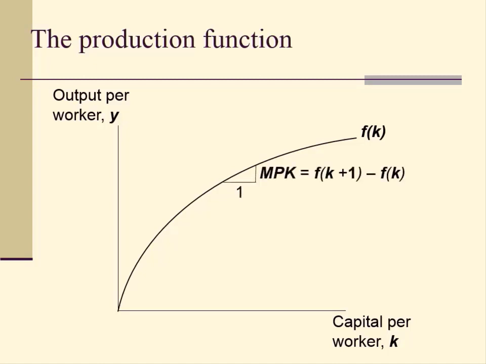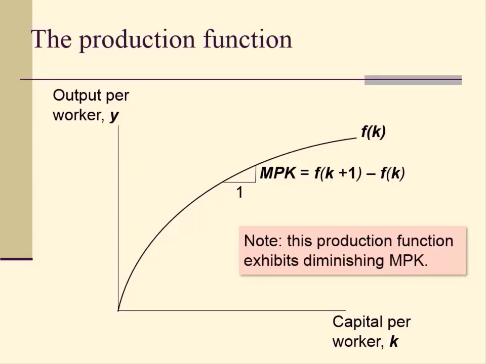And the slope is change in y over change in k, which is nothing more than, by definition, the marginal product of capital, which is functionally the derivative of y with respect to k. And note that because we express everything in per worker terms, that is output per worker is a function of capital per worker, we just need to take one derivative to find the marginal product of capital and to solve the problems here, instead of taking two derivatives.